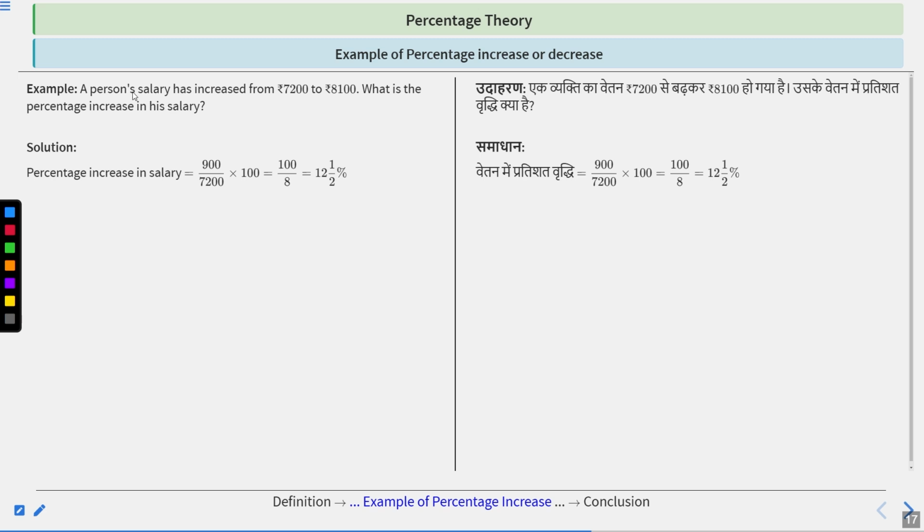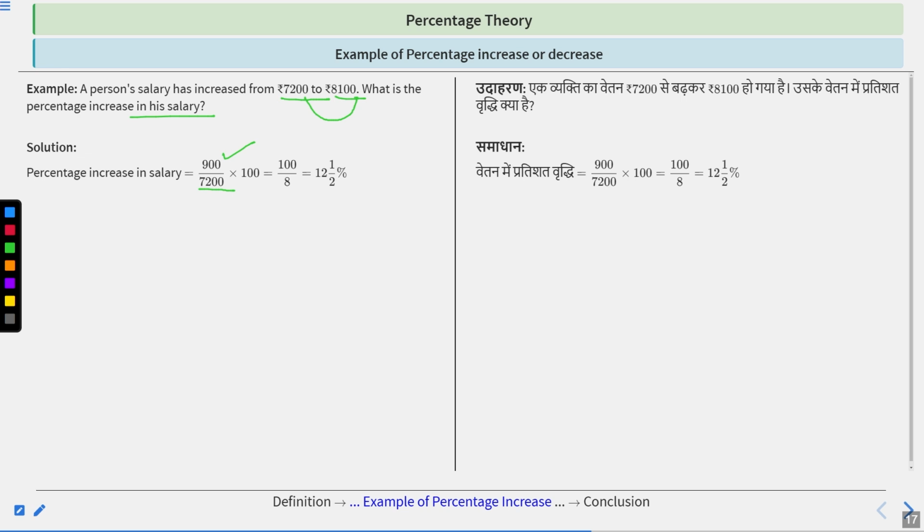Next example, a person's salary has increased from 7,200 to 8,100. What is the percentage increase in salary? So, we can subtract it. We know that the increase in salary is 900 and before the increment, the salary was 7,200.